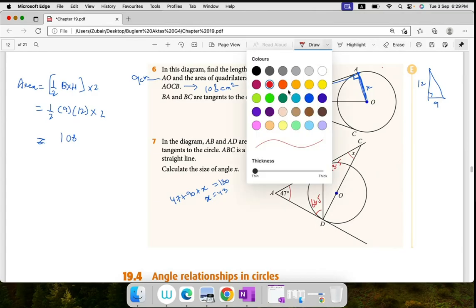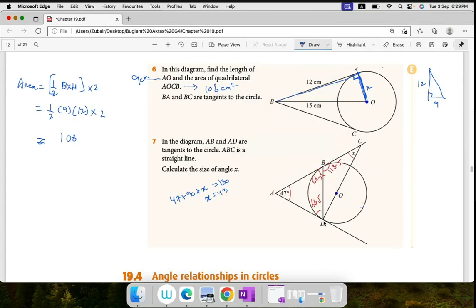On the other hand, you're bound to use this 90. So 90 minus 66.5, we're left with 23.5. Now we can use these three: 113.5 plus 23.5 plus x is equal to 180.